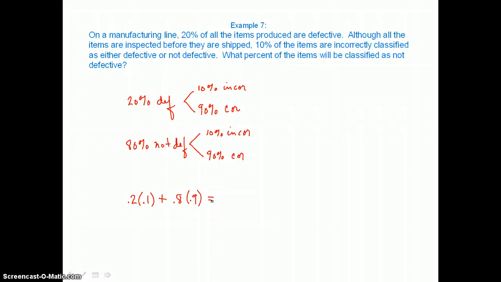So this sum will give us the percent of items that are classified as not defective.